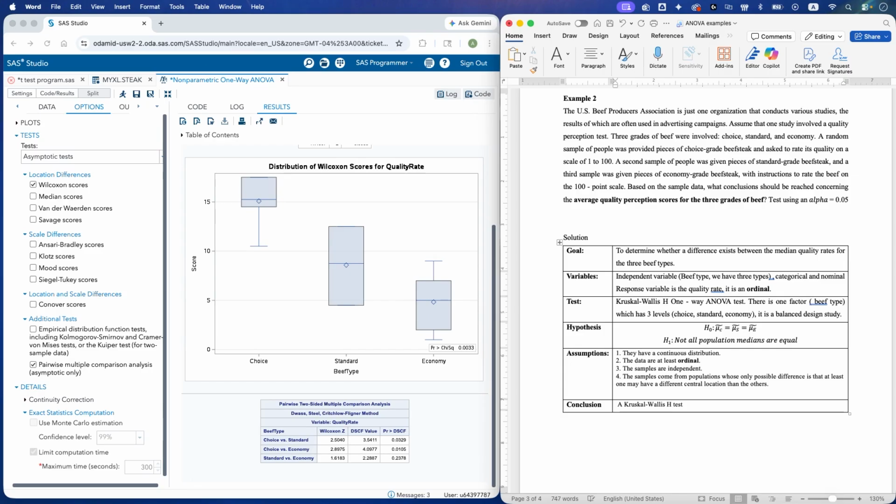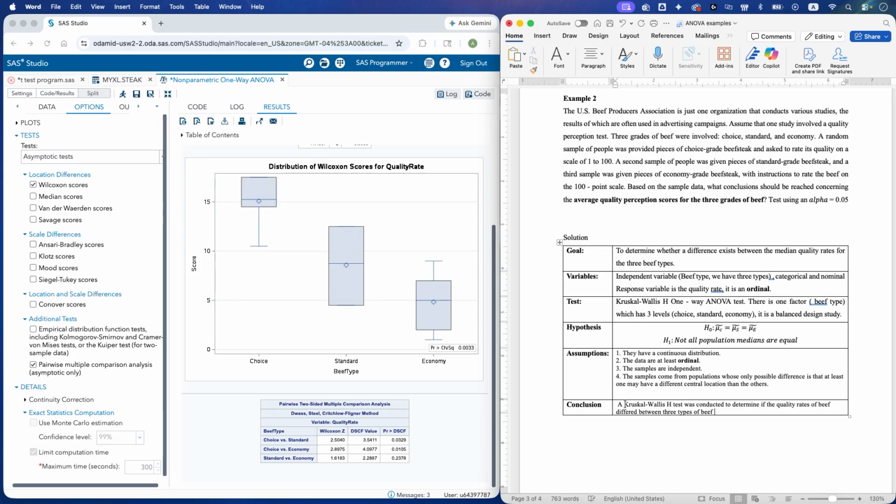Test was conducted to determine if the quality rates of beef differed between three types of beef steak.